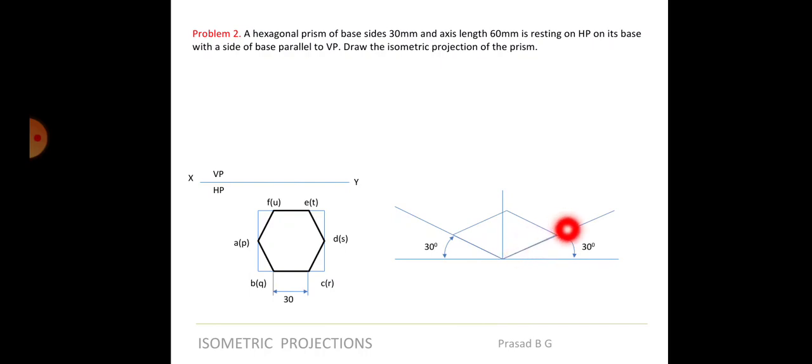Same way from here to here, it will be in the center of course, but still you will measure it from here to here and you get this particular point D. Same way measure it from this distance, keep it here, measure the distance, you will get this point E. Same way you will measure the distance from here in the compass, keep the compass here and measure the distance, you get F, and point A will be in the center.